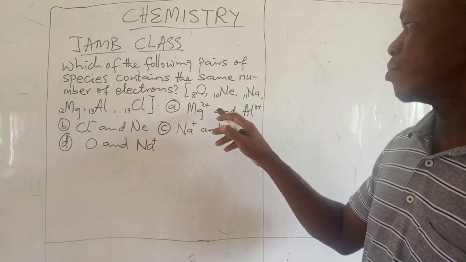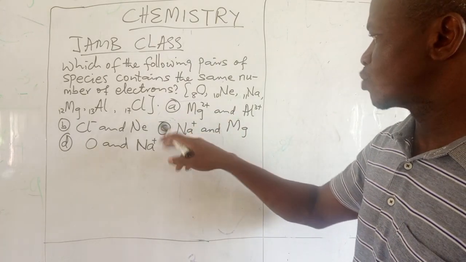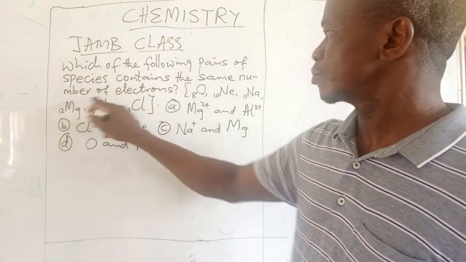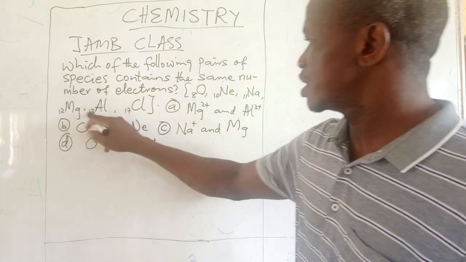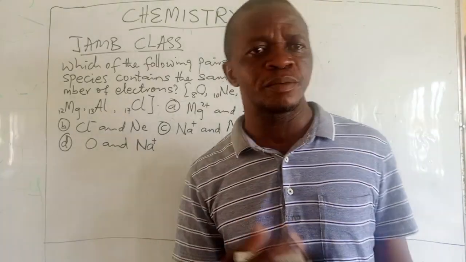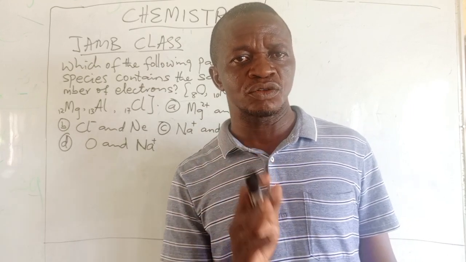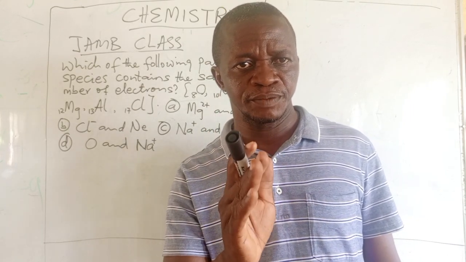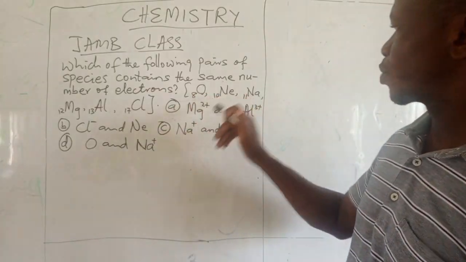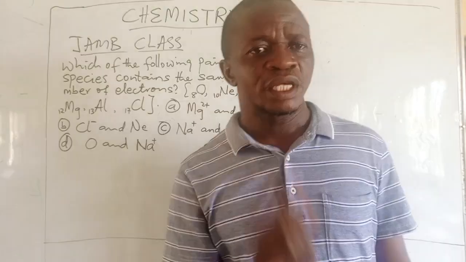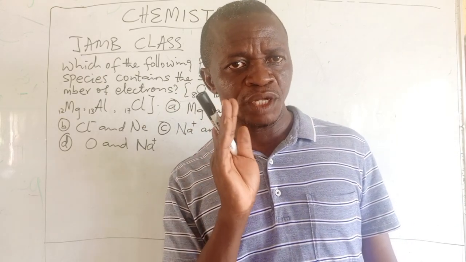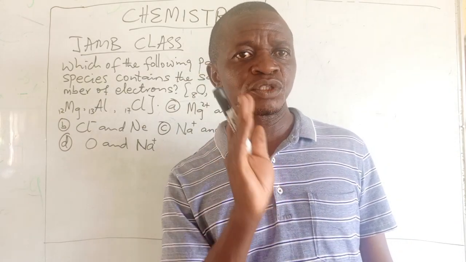So anytime you see those ones that do not have plus or minus on them, the atomic number you are seeing here is also the same as the number of electrons. It's also the same as the proton number. But when it has plus or minus on them, they are not the same. Number of electrons is different from atomic number or number of protons.